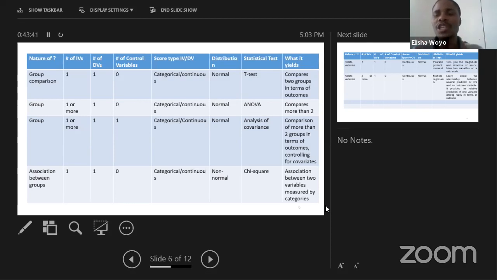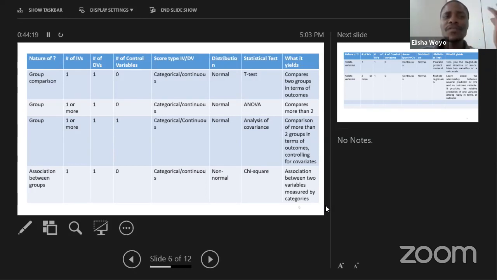I will be in a position to use one-way analysis of variance, because that will give me an idea to compare the means among different independent variables and see how they influence a certain dependent variable. So you use one-way analysis of variance when you are comparing more than two groups in terms of their outcomes, and the independent variables are more than one.